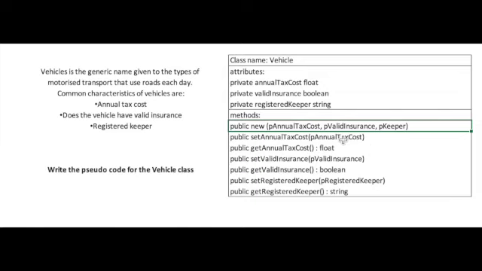And for simplicity's sake, you'll notice that I've put the setter and getter methods together for each field. Remember, setter methods are also known as mutators, getter methods are also known as accessors.